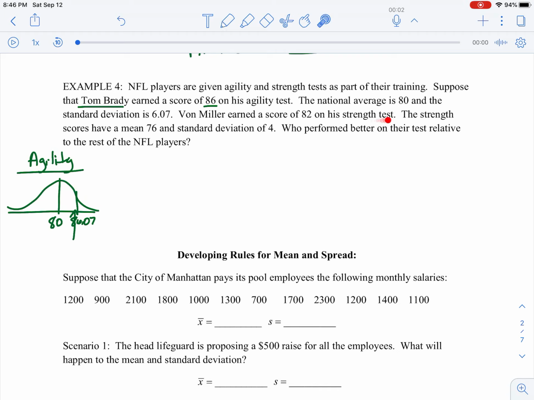Now we can do the same thing for Von Miller and the strength test. We know that the mean is 76 with a standard deviation of 4.